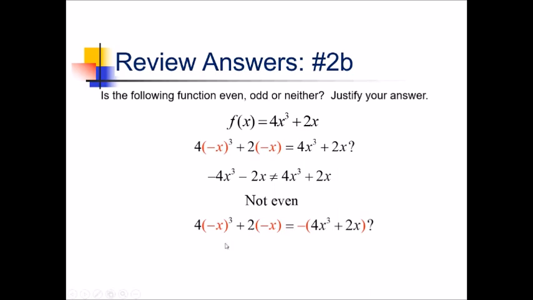So going through again, we still have negative 4x cubed and negative 2x on the left side. On the right side, distributing this negative, we have negative 4x cubed and negative 2x. These two are an exact match, so that tells us that this is indeed an odd function. Now, if this test had failed, then we would have concluded that we had neither kind of function, but we do end up with an odd one here.